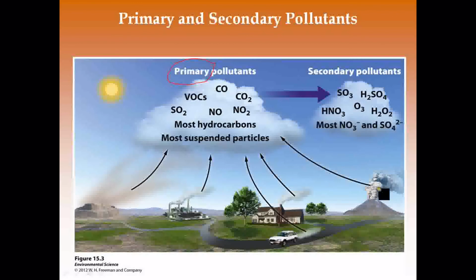It doesn't have to be human caused. It can be natural. This is a mining operation, so there are lots of dust particles. That's PMs going up there. But all of these things, smokestacks in factories, your house, cars, are all releasing things up into the atmosphere. And these are the chemicals that are being released.